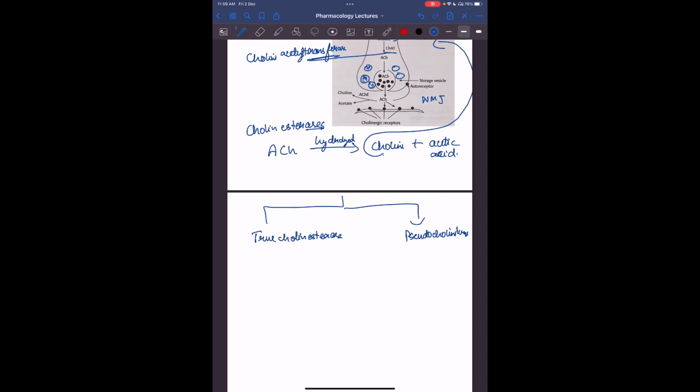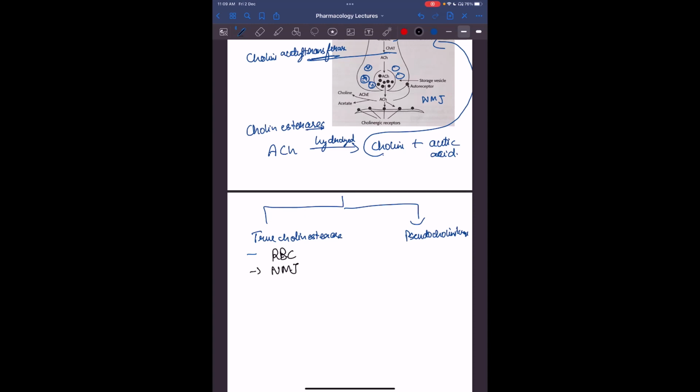The true cholinesterase is found in the cholinergic neuron, in the ganglia, in the RBCs, and in the neuromuscular junction. It rapidly hydrolyzes acetylcholine.